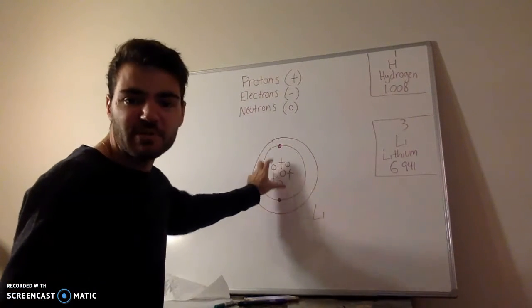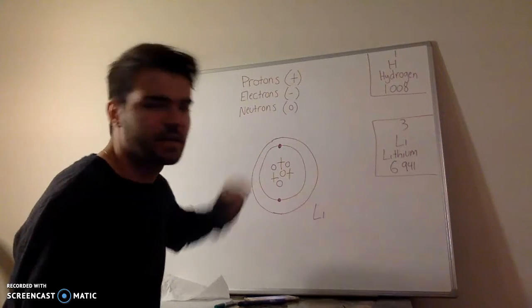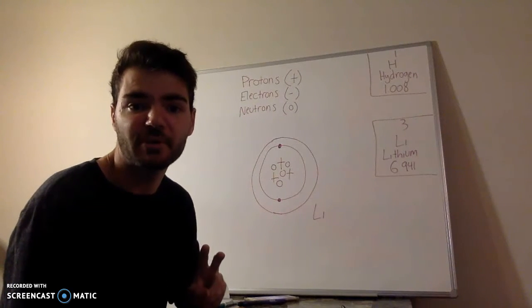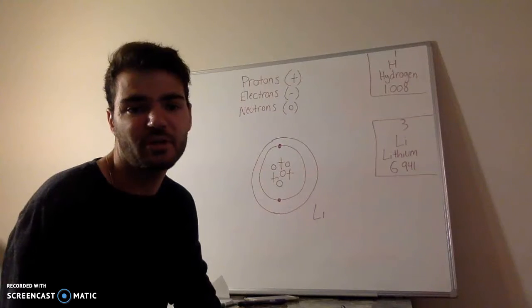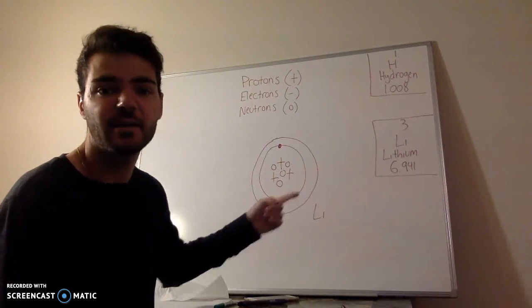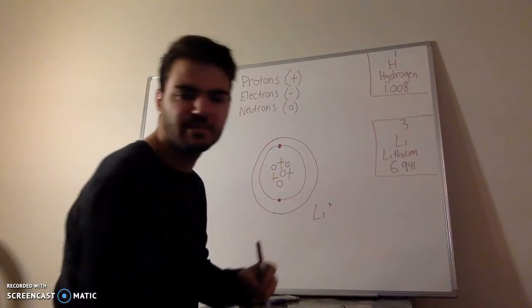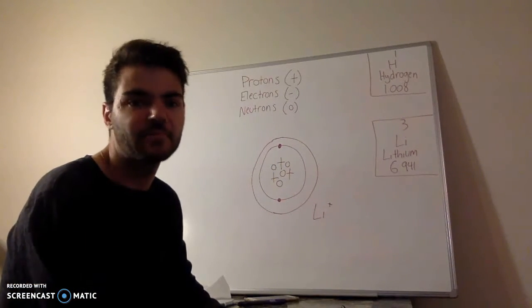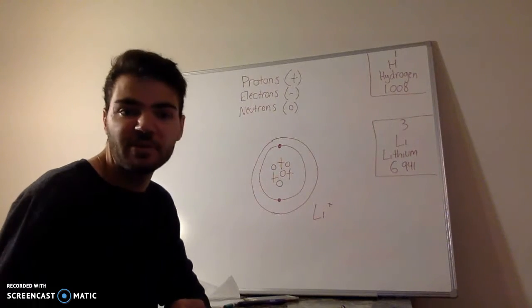So we have 3 protons, 3 positively charged particles, 2 electrons, so 2 negatively charged particles. Well, now we have one more positively charged particle than negatively charged particles. So lithium now would be positive. So I'll write a positive sign right there. Looks like an X, but that's a plus sign, I promise. So I'd write Li plus. So that would be lithium.